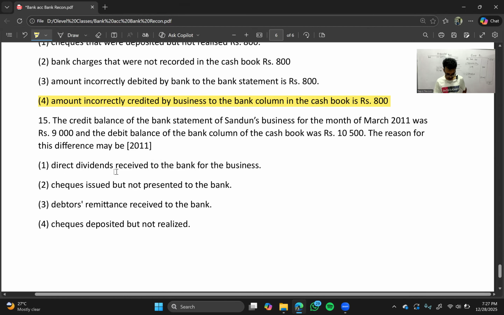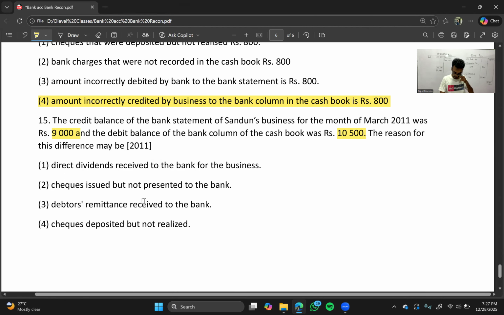The bank statement is 9,000 and the bank account is 10,500. The cash book is higher, the bank statement is lower.